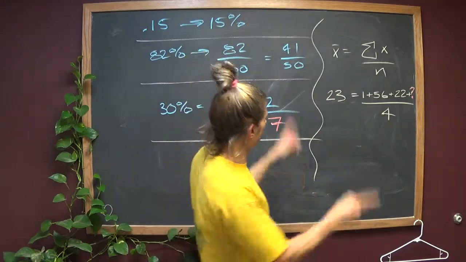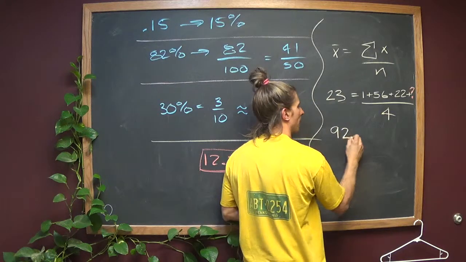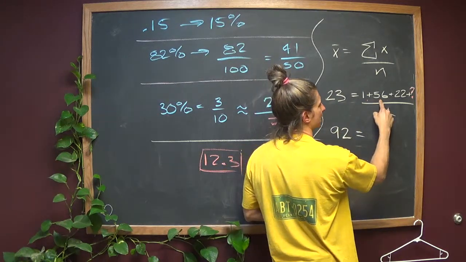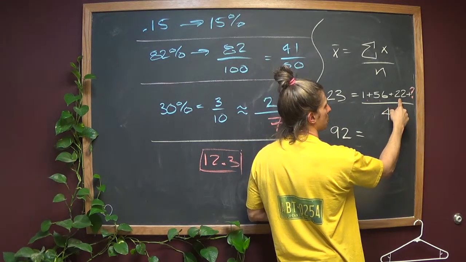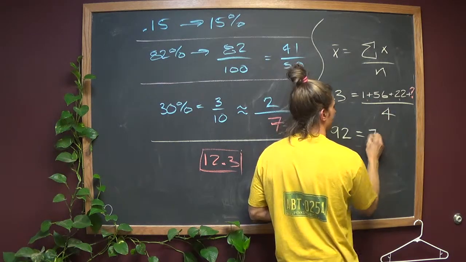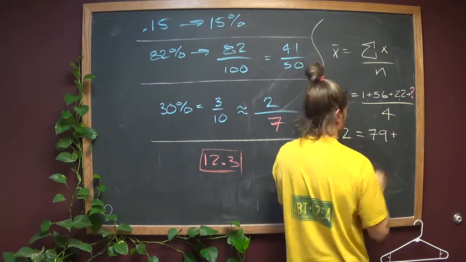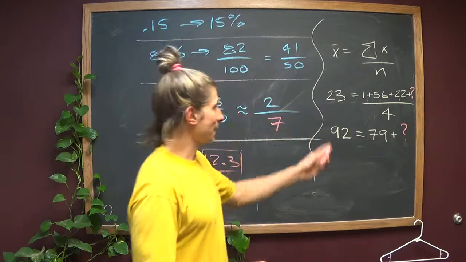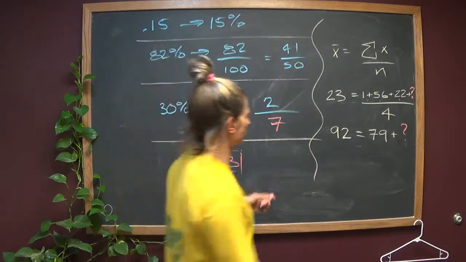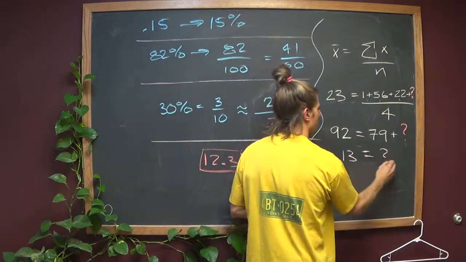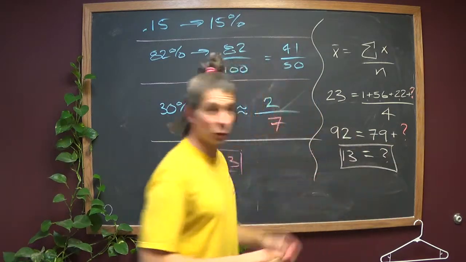Is that 92? Carry the 1. Yes, 92. 1 plus 56 is 57, plus 22 is 79, plus question mark. Subtracting 79 from 92 is going to give us 13, and that must be what the last data value is.